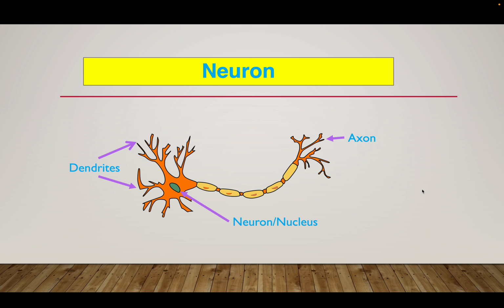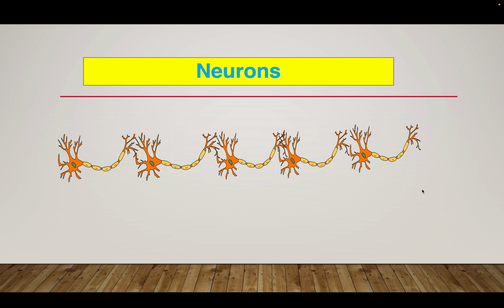That is why all neurons have to connect with each other, and that connection happens with the help of dendrites and axons. Each neuron receives input from other neurons through its dendrites, and with the help of the axon it sends its output to other neurons.